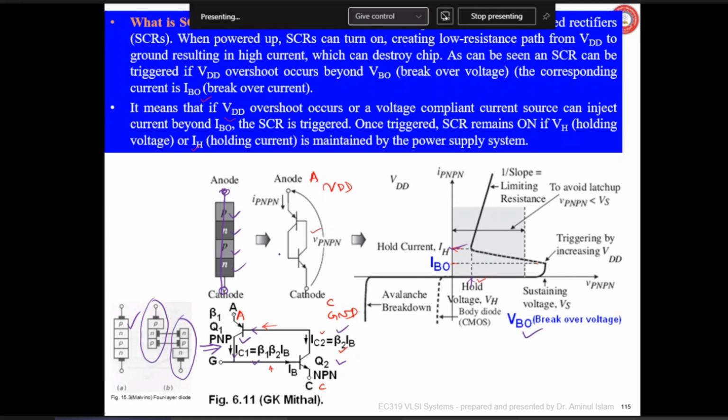This SCR is existing intrinsically or unintentionally inside the CMOS process. And what may happen if by chance the gate voltage or the gate current is increasing for one MOSFET, one BJT? If it is increasing, then it will be amplified, meaning multiplied by its beta, and the time will come when the multiplication and feeding back will continue, and finally a short circuit path from anode to cathode, as shown here in this diagram, or you can say VDD to ground.